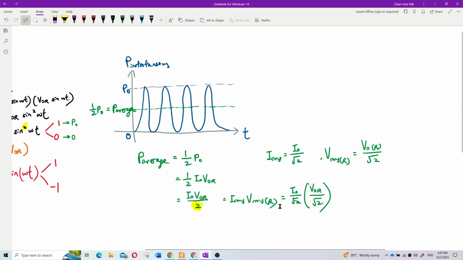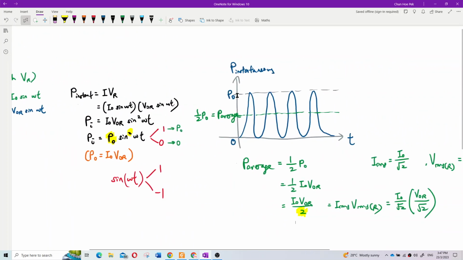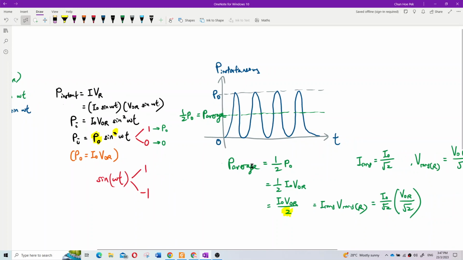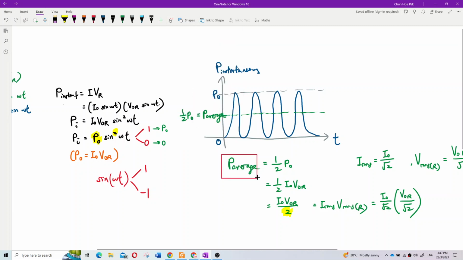So what conclusion can you make? From the graph, you can see the average power for a pure resistor circuit is half P naught. Half P naught, that's the average power. So the conclusion you can make is the average power equals the root mean square values multiplied together.